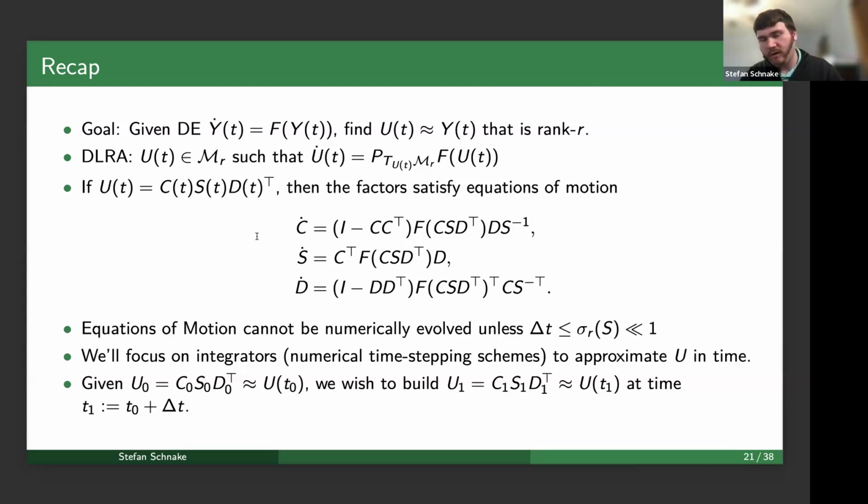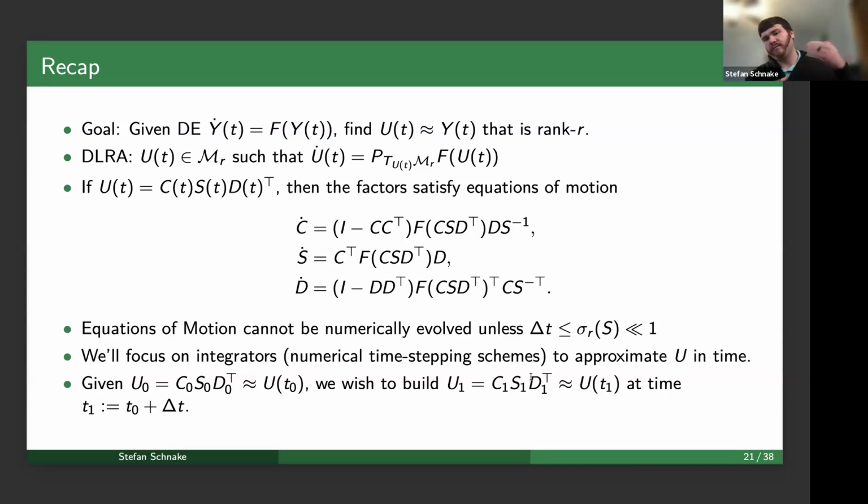So we're going to focus on what are called integrators, or you can think of them as numerical time stepping schemes that allow you to approximate the dynamic low-rank solution in time. For this set of slides, we're going to assume that you have the solution as a rank R matrix at some time t0, given by C0, S0, and D0.